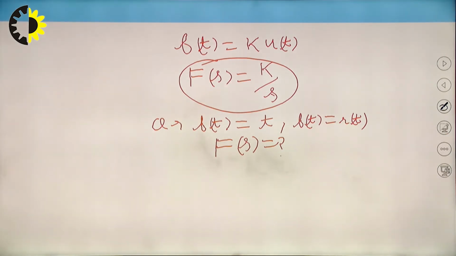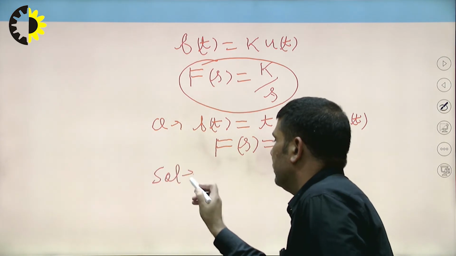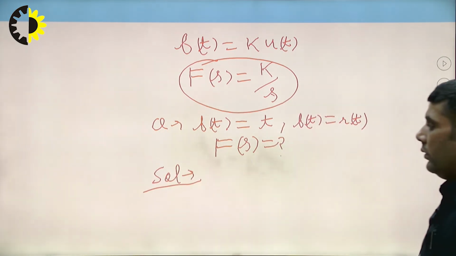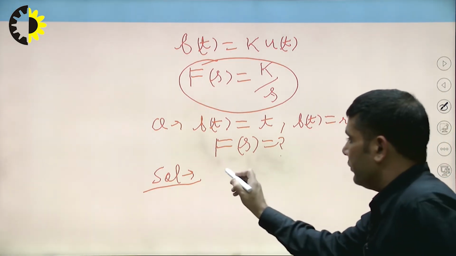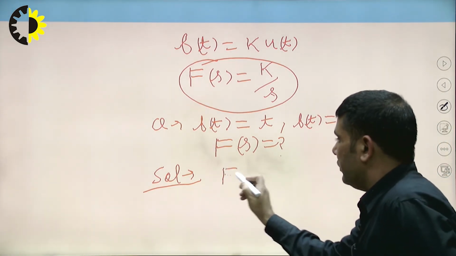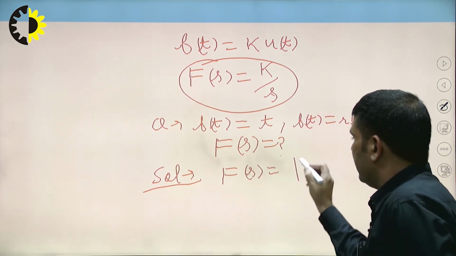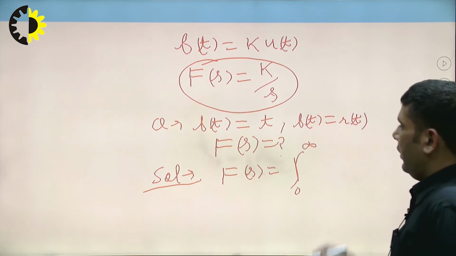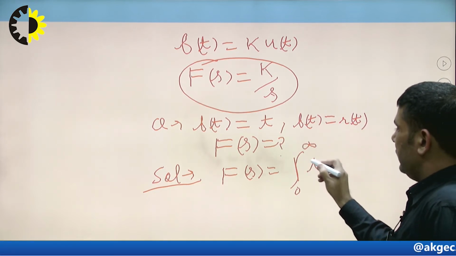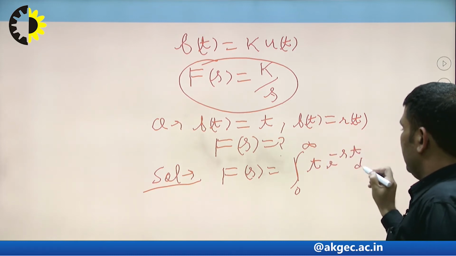Simply, if you solve it out, then you will get Fs is equal to integration from 0 to infinite, first function t, e raised to power minus st dt.